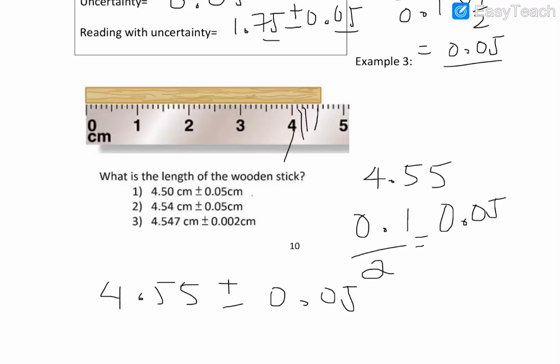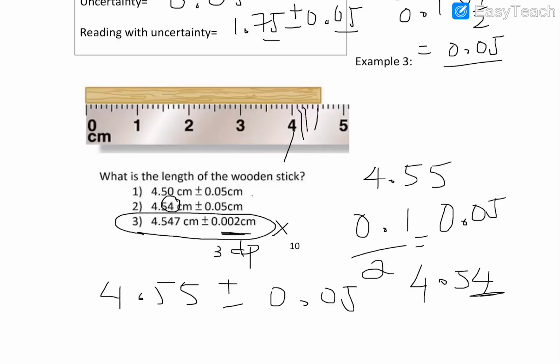This is what I would say normally, but we have these options here. So this one is definitely going to be eliminated, because the smallest reading is 0.1 divided by 2, 0.05. This is too accurate because this is 3 dp, way too accurate. And the second one, you see 0.54.